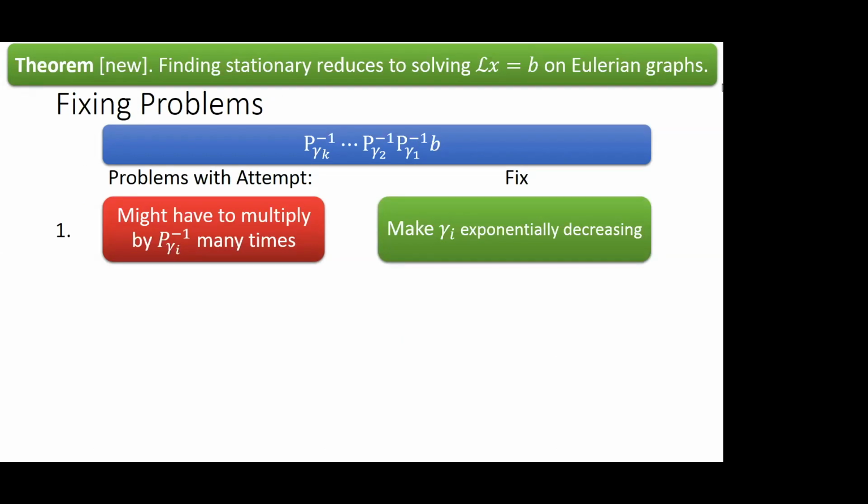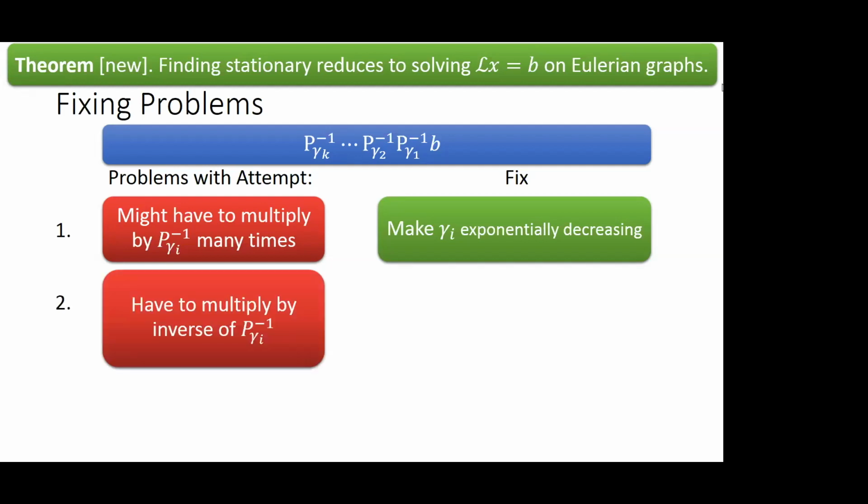And so the fix for this is that we make the gamma I's exponentially decreasing. If we do that, then the number of P gammas we need to multiply by is only logarithmic, which is fine, instead of polynomial. And a second problem is that we may have to multiply by the inverse of these matrices, which we don't know.